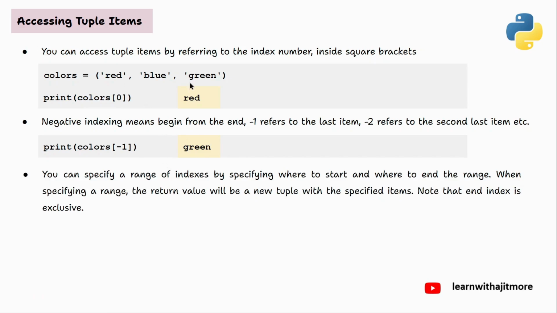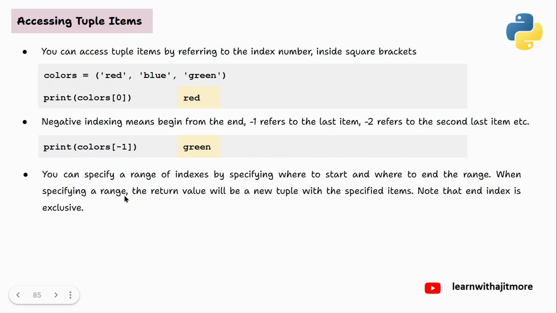Then if you want a part of your tuple as a copy tuple, it's called a subtuple, a copy from one position till another. You can give a range by using the slice operator. You can specify a range of indexes by specifying where to start and where to end.